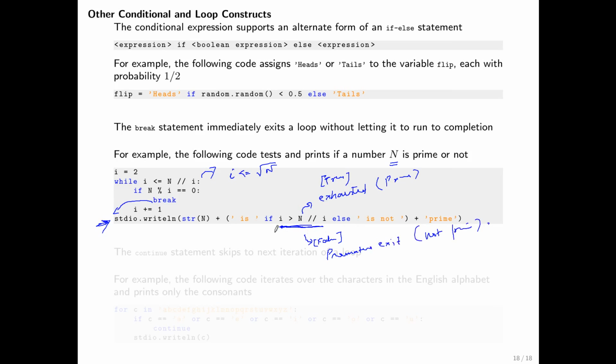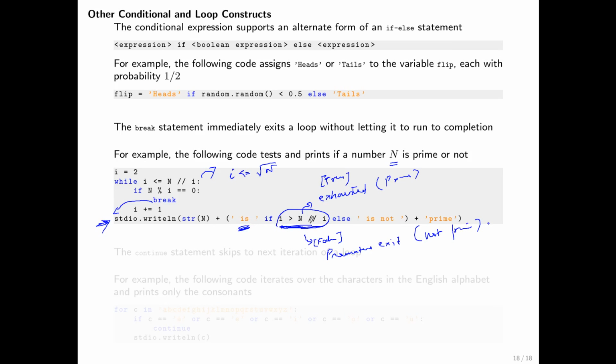Okay, and that's exactly what we are doing here. So let's read this. If this is true, then this whole conditional expression that you see in parentheses collapses to that. Okay, and what are we printing? We are printing n is prime, right?